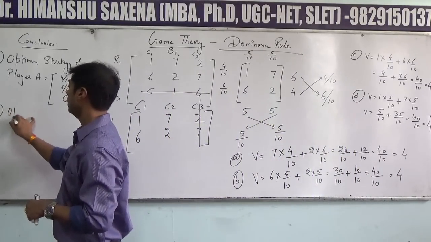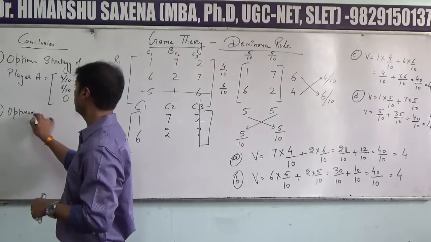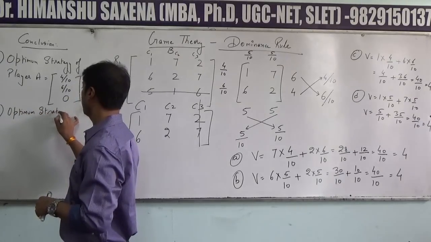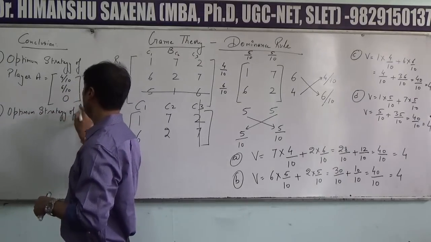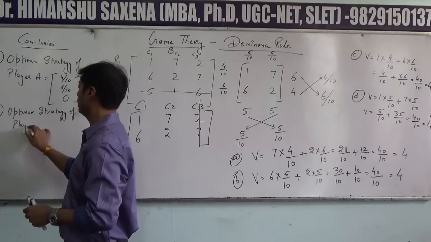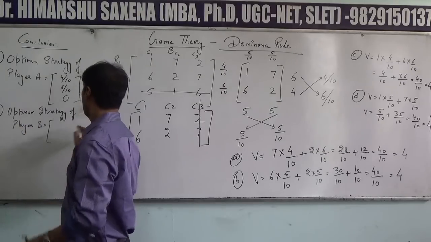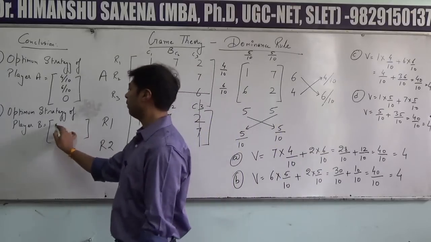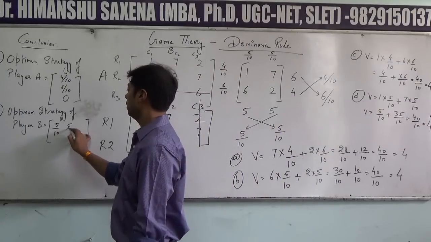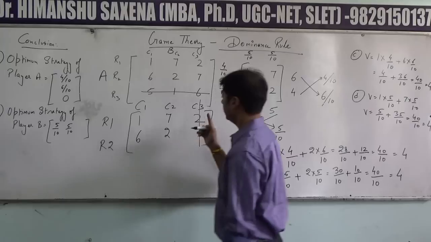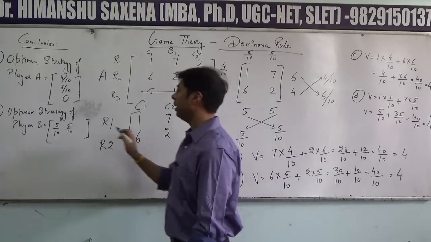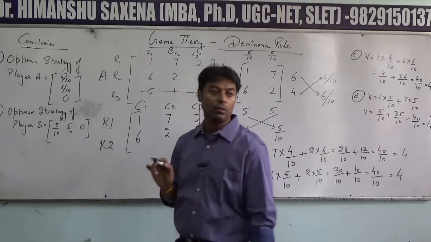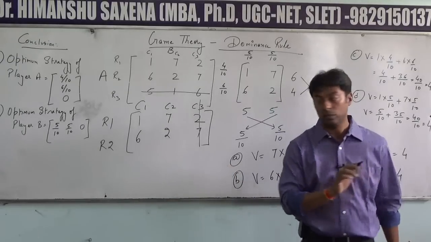Similarly, optimum strategy of player B. Now the values of player B were 5 by 10, 5 by 10, and since the third column was eliminated, the value of the third column will be equal to 0. Right?